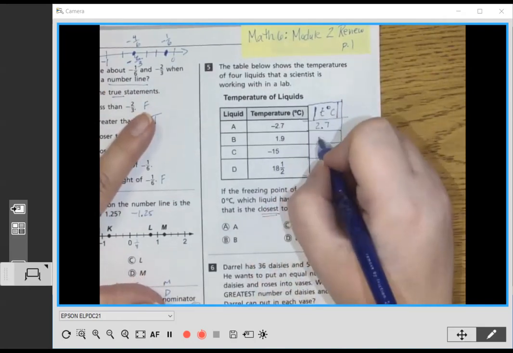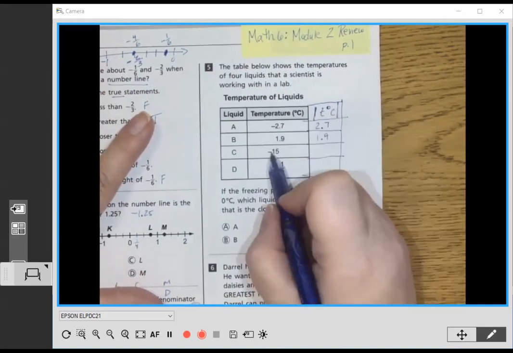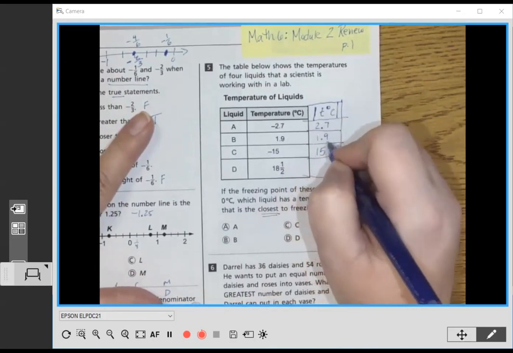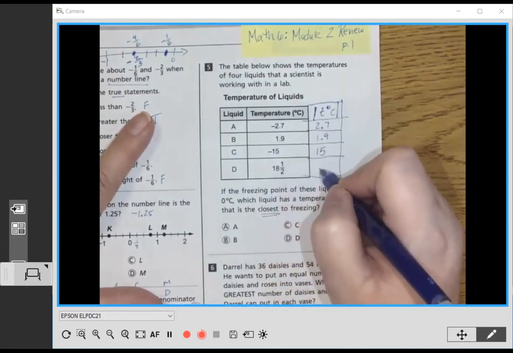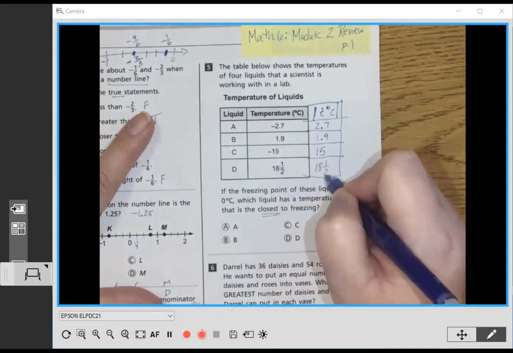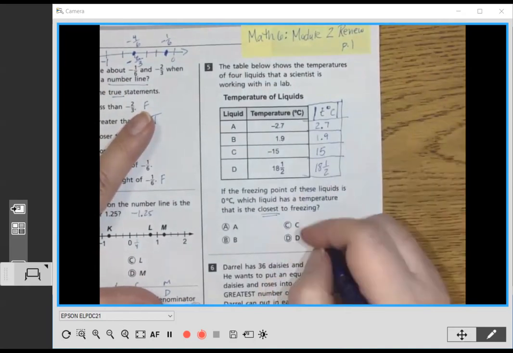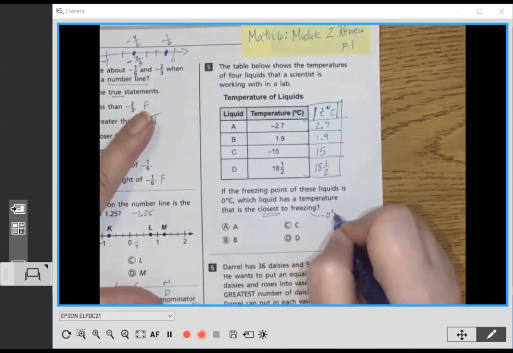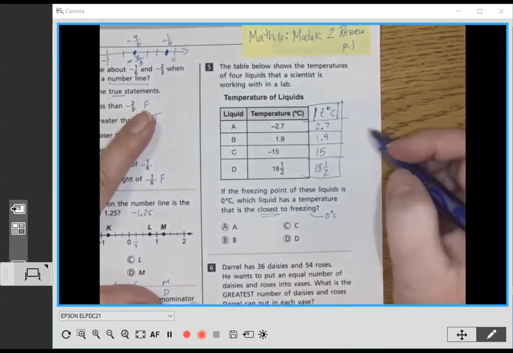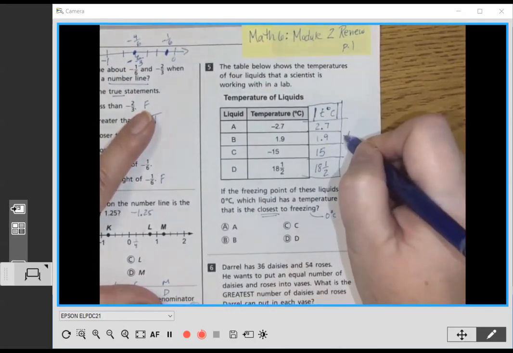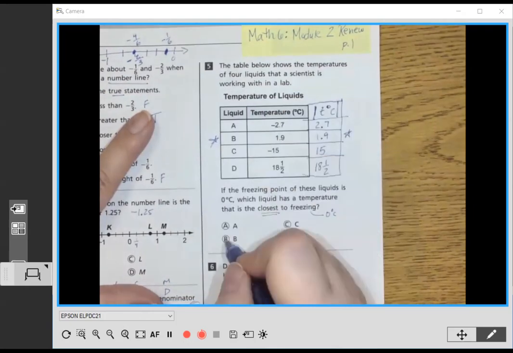The absolute value of 1.9 is 1.9. The absolute value of negative 15 is 15, and the absolute value of 18.5 is 18.5. So the one that is closest to freezing, and remember freezing is 0 degrees Celsius, would be the 1.9. So that would be liquid B.